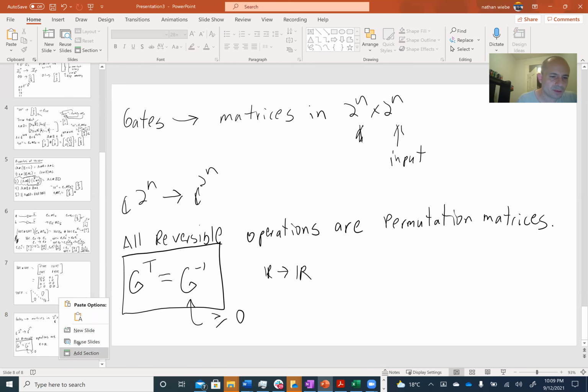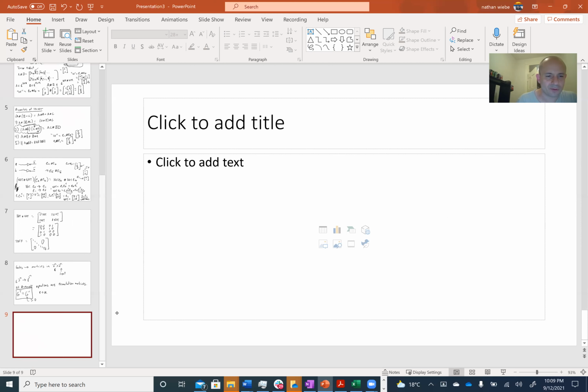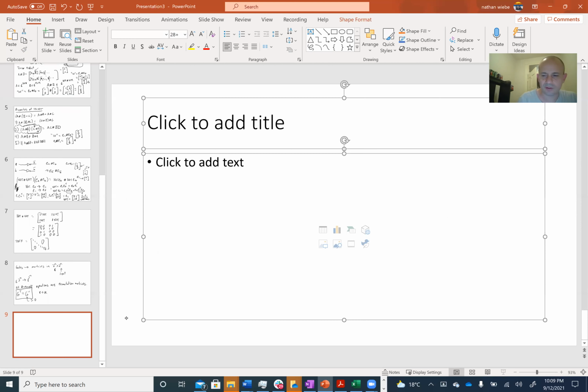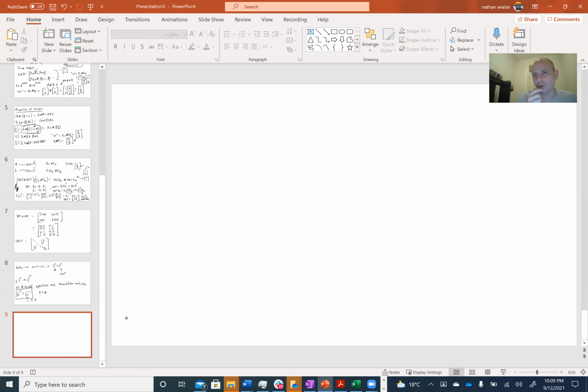So now that we've discussed all of that, let's now go forward and generalize this just a smidge. And the way we're going to generalize this is that we're going to talk about how to apply these operations instead of just on bit strings. Instead, we're going to talk about probabilistic bits.